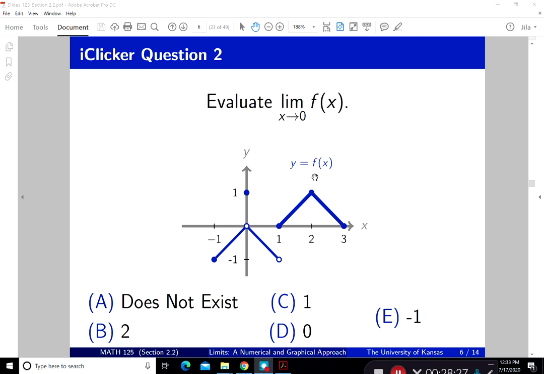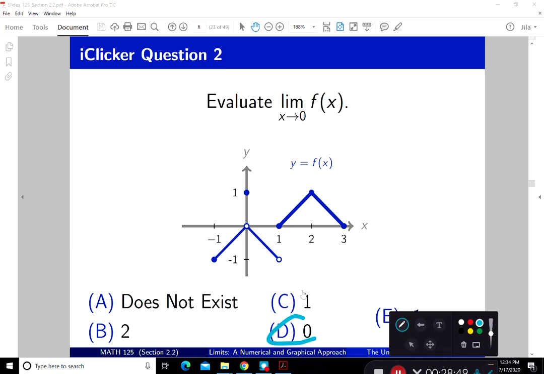As I'm looking at this function, as x approaches 0, the left limit is equal to 0, the right limit is equal to 0. It's not equal to the value of the function, but that doesn't matter. So the limit is going to be 0.